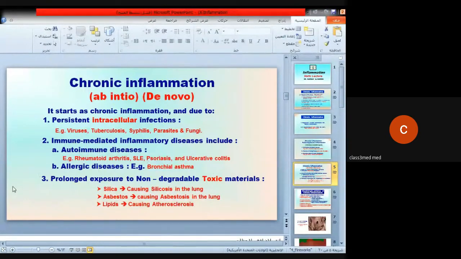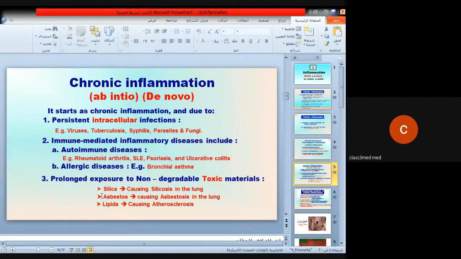Silica مادة الرمل يستخدموها بصناعة الأنابيب أو فتشي. The inhalation of silica particles تسبب لنا chronic disease in the lung called silicosis.